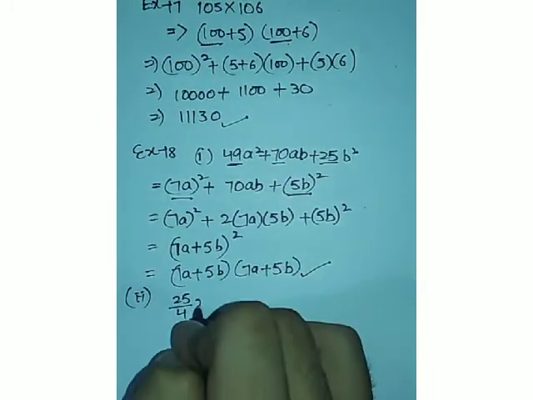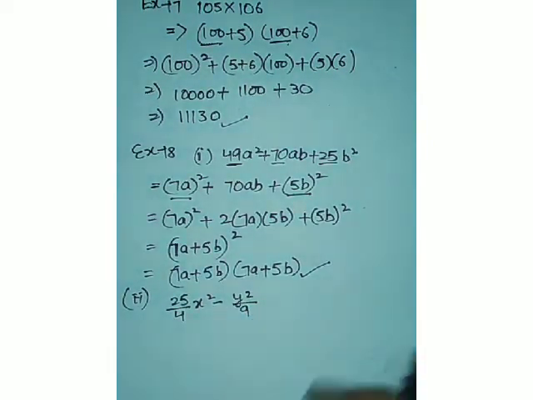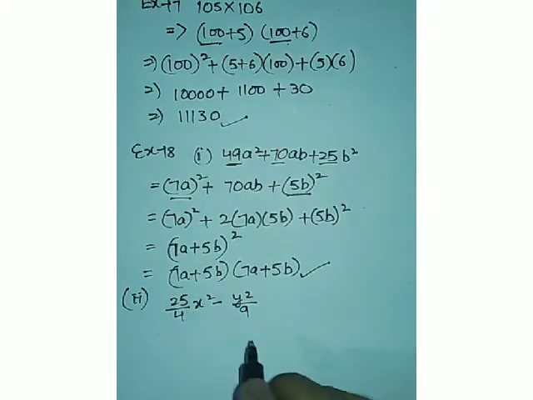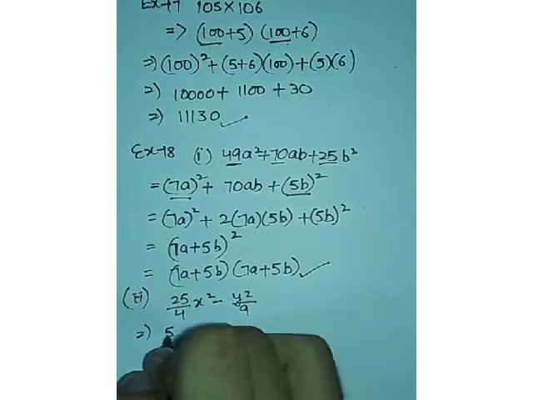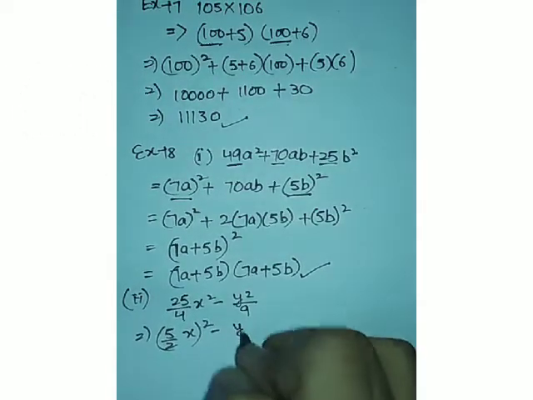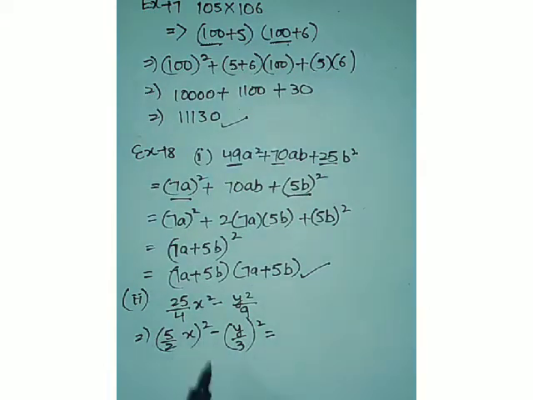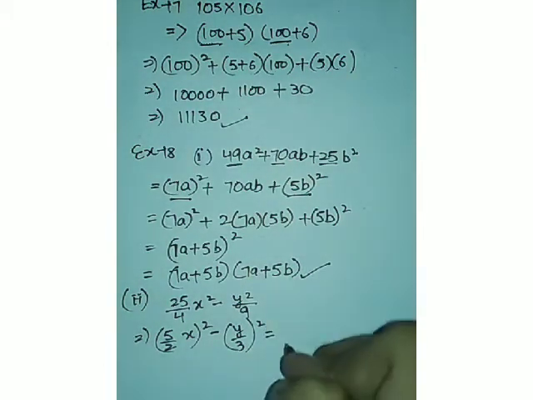25 upon 4x square minus y square upon 9. It's also similar. Convert these to their perfect squares. 5 upon 2x whole square minus y upon 3 whole square. This is looking like the x square minus y square identity. And what was the result? x minus y, x plus y.